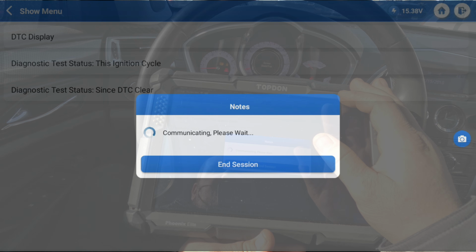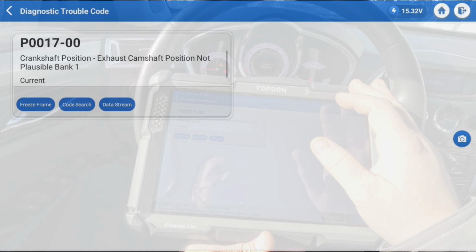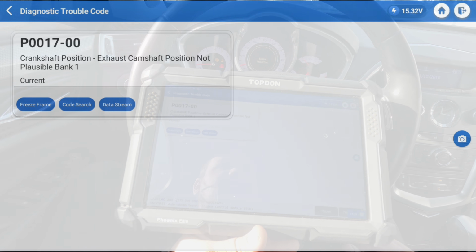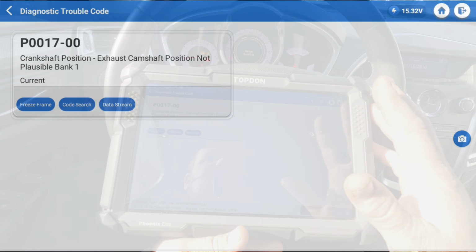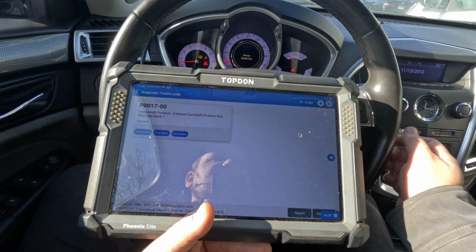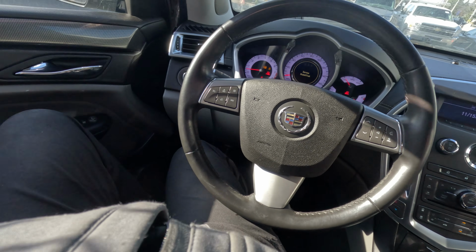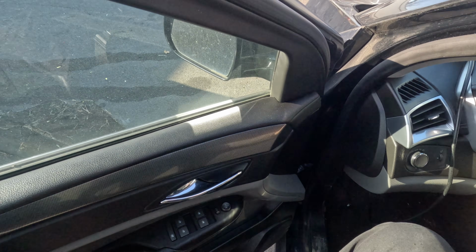What codes do we have back? Okay, just a P0017. Alright, let me go to the computer, look up this code, and check where these sensors are. Get a cam crank.